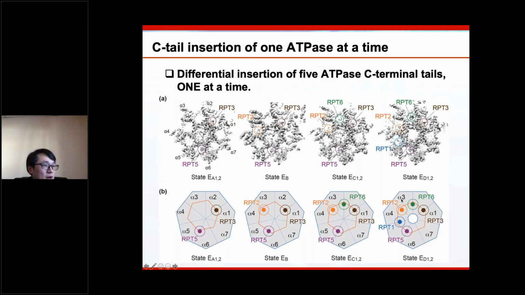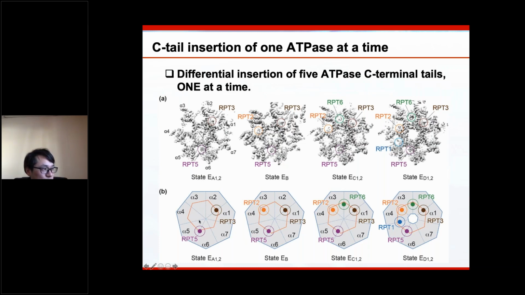What is interesting about the CP gate opening is that it's triggered by the C-terminal tails of the 5 ATPases. In the EA, EB, EC, and ED states, we see different patterns of C-terminal tail insertion into the surface pockets of the alpha ring, which is illustrated in the cartoon in the lower row.